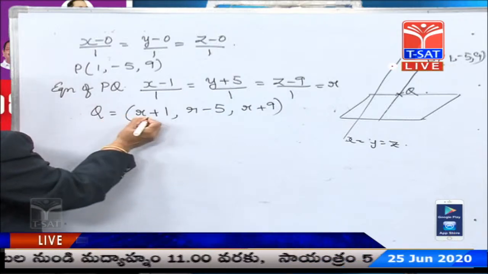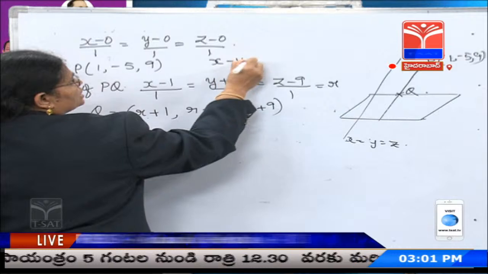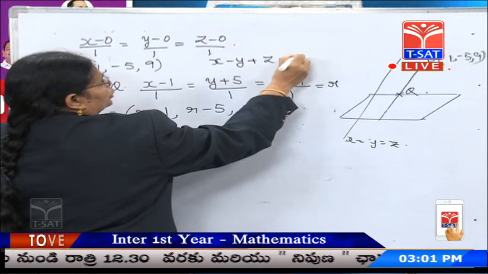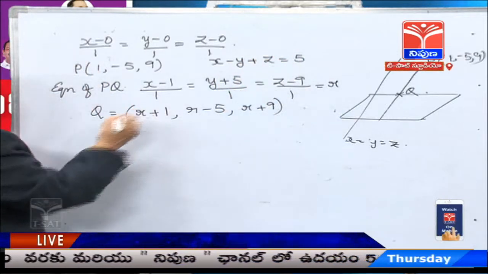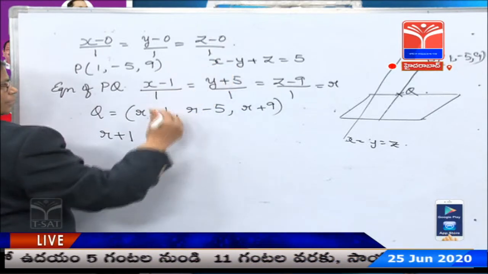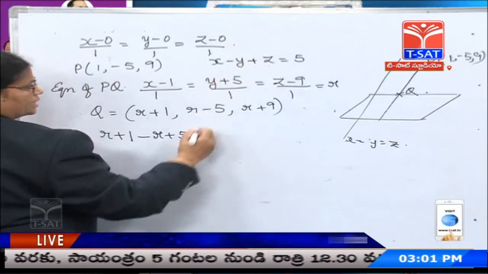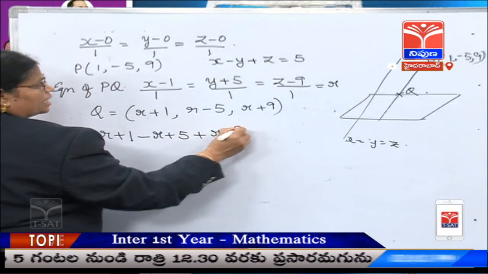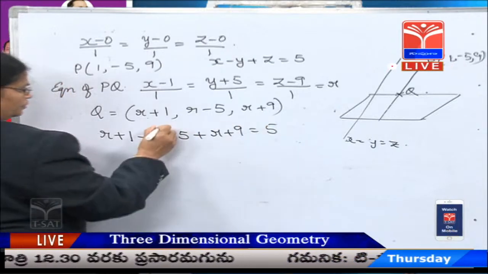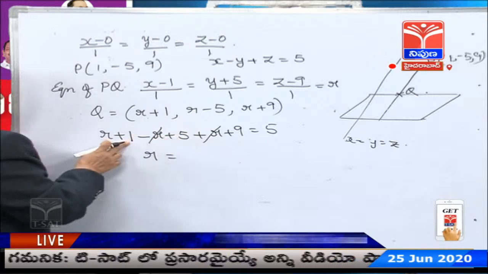So, substitute this in the plane equation which is x minus y plus z equal to 5. Substituting in this, x is r plus 1, y with a minus sign, so minus (r minus 5) plus (r plus 9) equal to 5. So, r equal to minus 15.